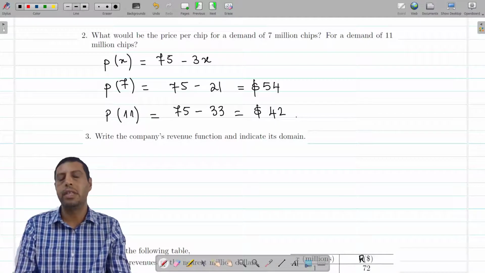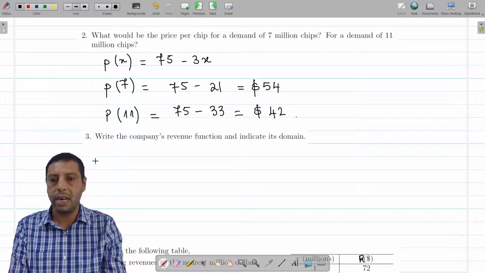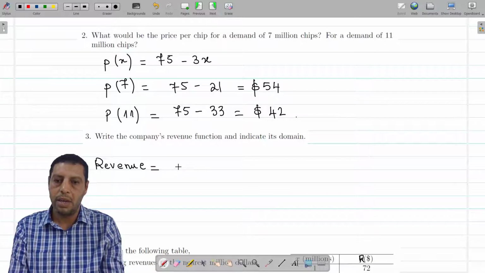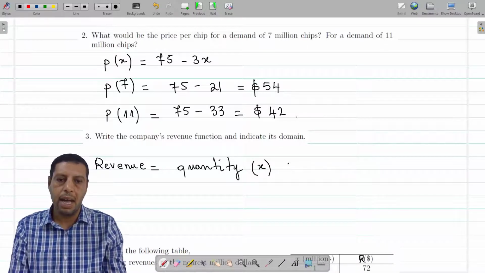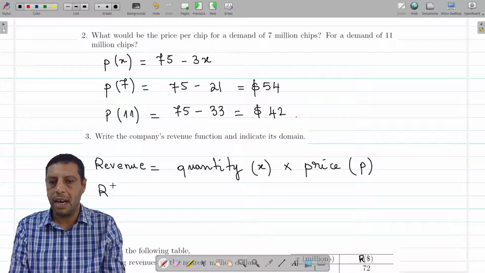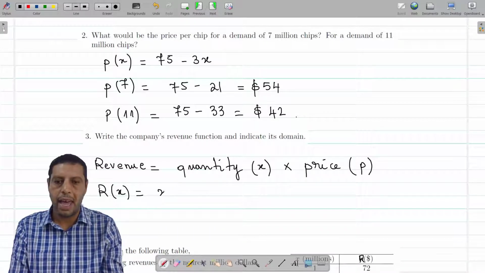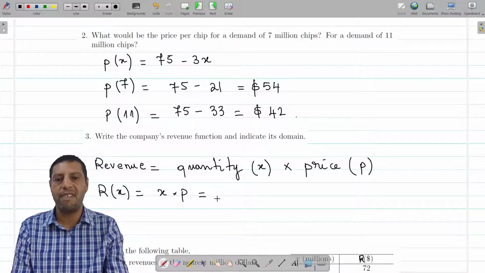Now we move to the third question, which is: write the company's revenue function and indicate its domain. Just a quick reminder here, the revenue is always the quantity times the price. Our quantity here is represented by the variable X. Our price is P. So our revenue function is R of X equals X times P. We can substitute P by its expression, which is 75 minus 3X.